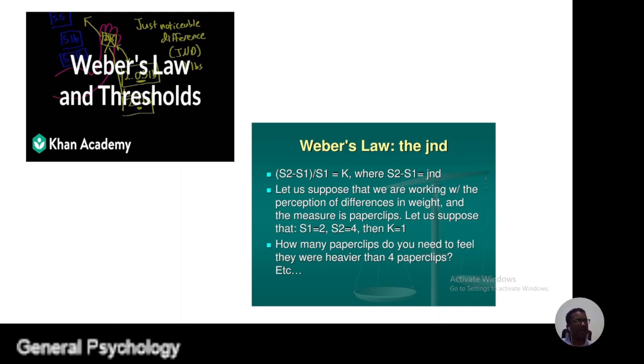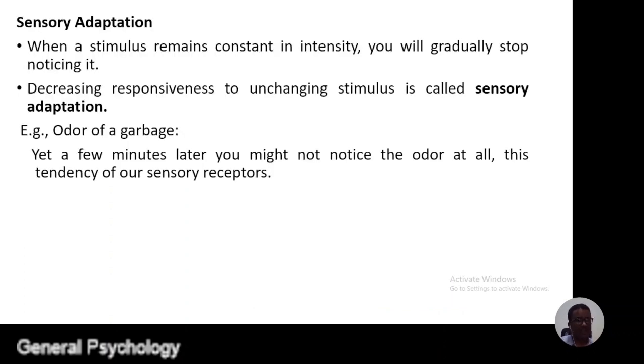So students may have noticeable variation in their learning. They have the same lecture, they have the same teacher, but their understanding may be different because of their individual differences or because of their attention. So in the classroom, as much as possible, students should focus their attention and minimize the just noticeable difference to enhance their learning.